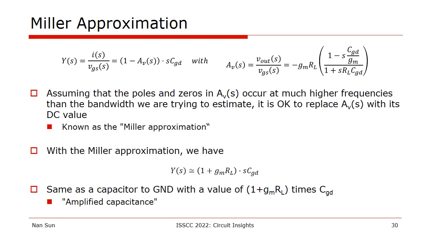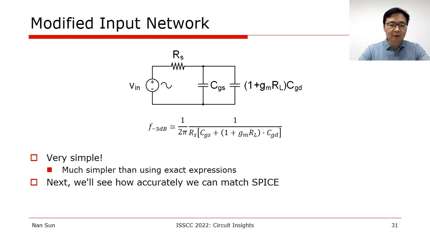So this is to say that the equivalent circuit of the right-hand side is actually an amplified capacitance. This way, the input network can be much simpler. We can easily get the expression of the bandwidth, and we can show how accurately it matches SPICE.